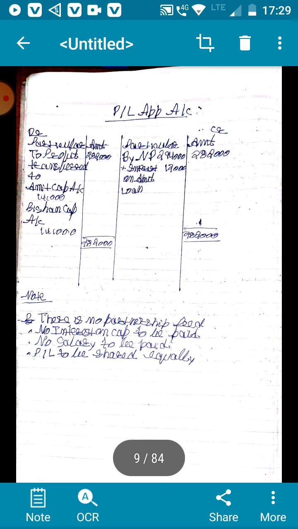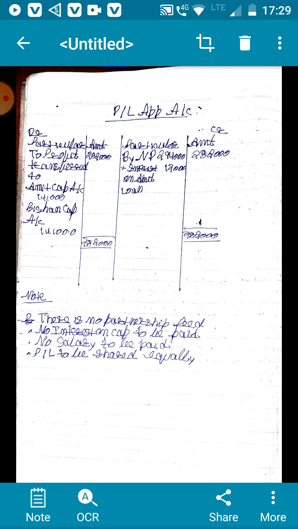Since there is no partnership deed, we will divide the profit equally in a one to one ratio. There are two partners, so divide 2,82,000 by 2, which comes to 1,41,000.